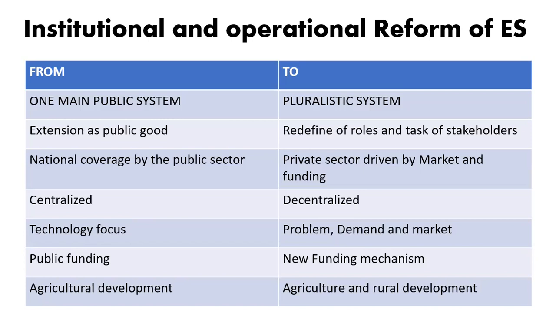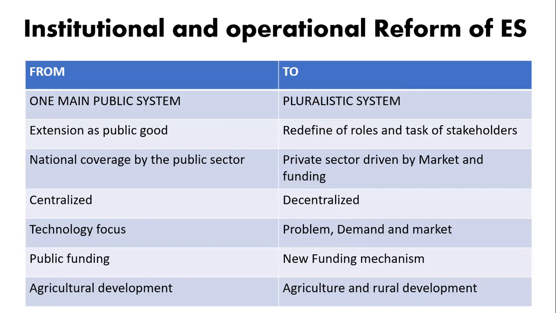So making all the members part of the extension system will generate a huge impact on the agricultural system in Sri Lanka. Also, extension is currently considered a public good, because only the government extension officer, AI or whoever, advises.